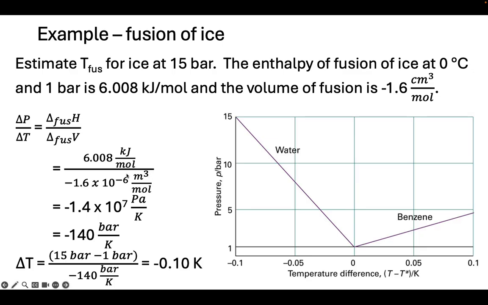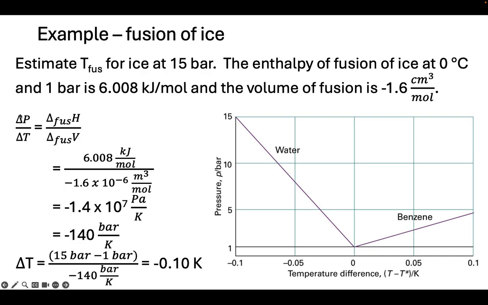You have to turn this into meters cubed, and of course you have to turn the 6 into 6 times 10 to the 3 joules. Then you do that calculation and you end up with negative 1.4 times 10 to the 7th, and the units are Pascal per Kelvin, which you can then turn into bar, which would end up being negative 140 bar per Kelvin.